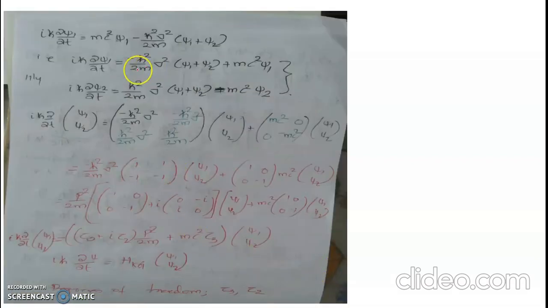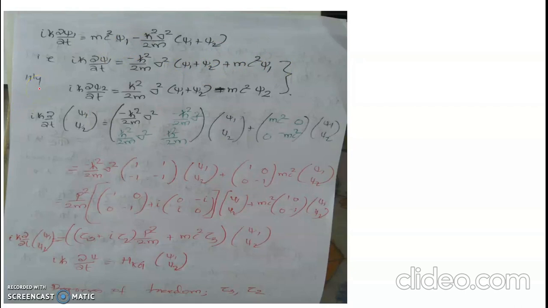That is summed up here: iH cross dou psi 1 by dou t equal to minus h bar square by 2m del square, which is nothing other than momentum square by 2m, p square by 2m, which is the kinetic energy, into psi 1 plus psi 2 plus mc square psi 1.